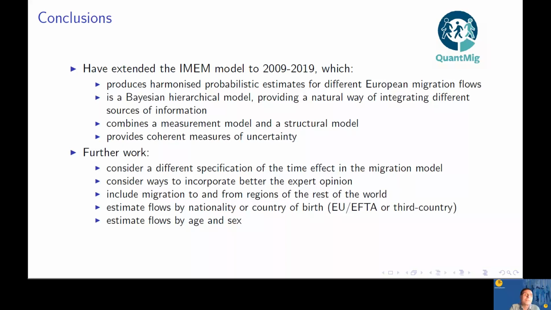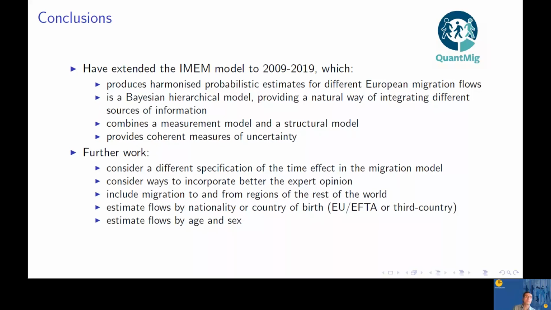Clearly, policymakers are interested in flows to and from the rest of the world into the European EU EFTA countries, so we want to extend this model to include flows from the rest of the world in and out. There is particular interest in how what are called third country nationals, not from the EU EFTA countries, move from one country to the other countries in the EU EFTA region.